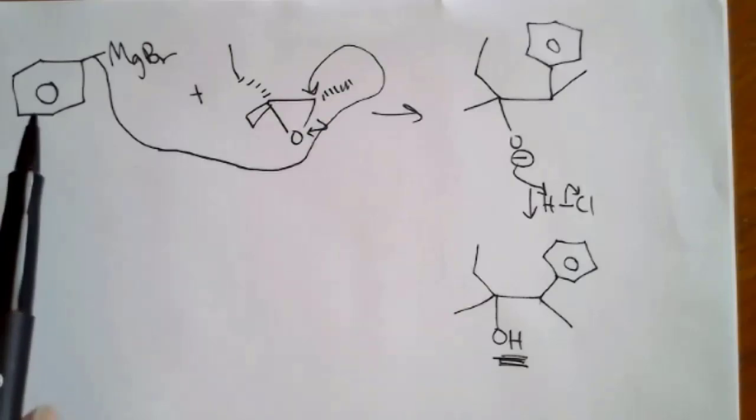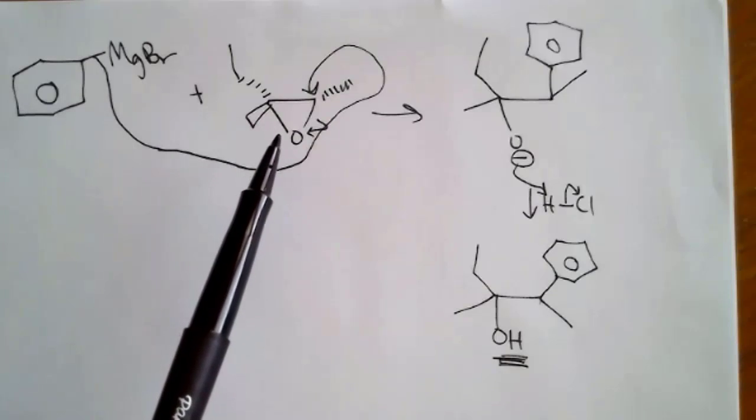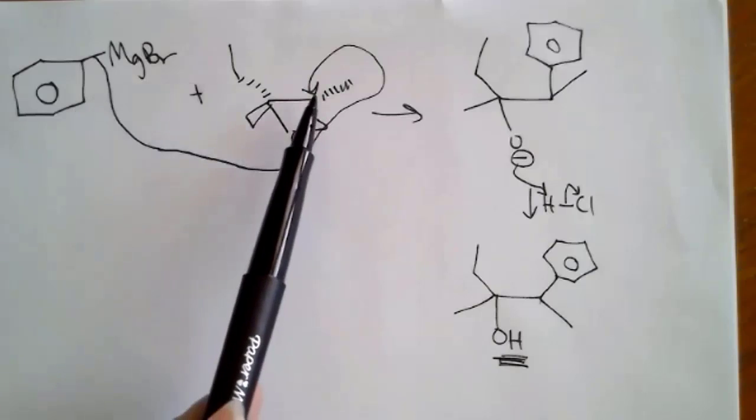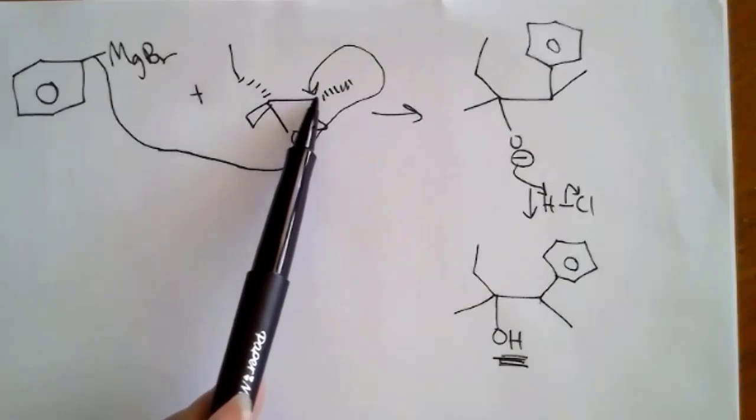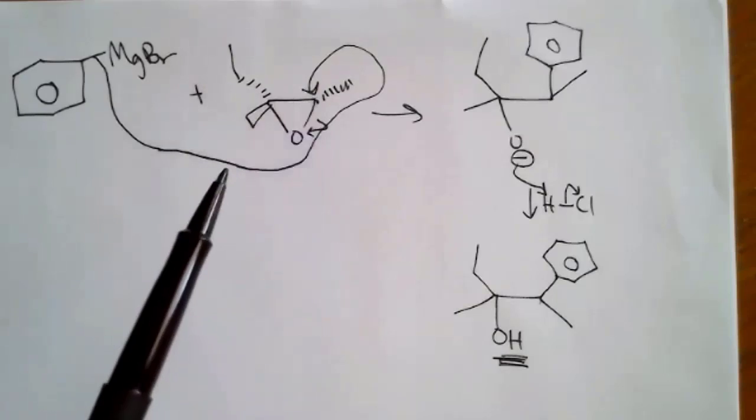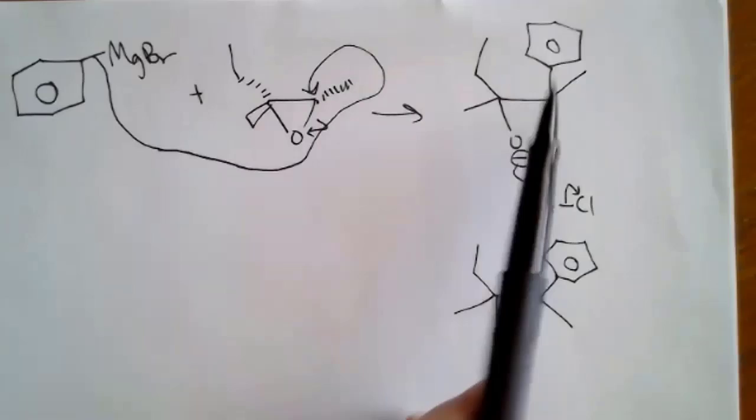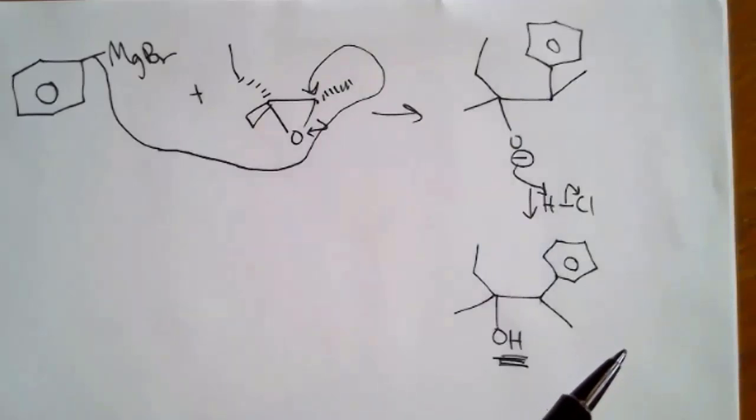So this is a Grignard reacting with an epoxide. Old news. When a Grignard reacts with an epoxide, you're going to do inversion at the carbon that got attacked. So this carbon gets inverted. Hopefully you know what that stereochemistry looks like. Should this methyl be dashed or wedged?